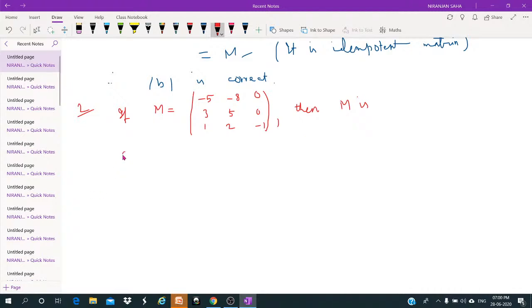First option, nilpotent. Second option, orthogonal.